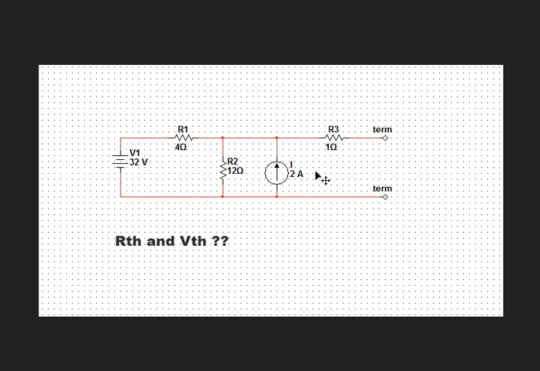Okay, so let's go, but before that I should mention that this circuit has two independent sources. Because it has two independent sources, we're going to calculate it with a particular method.